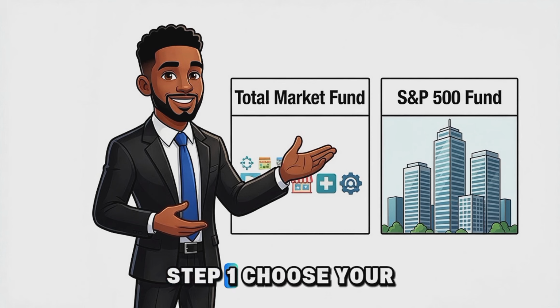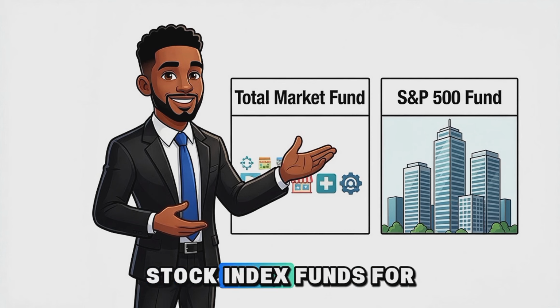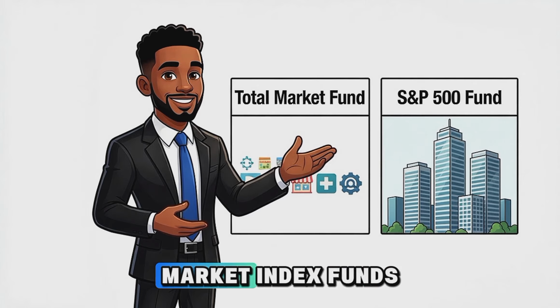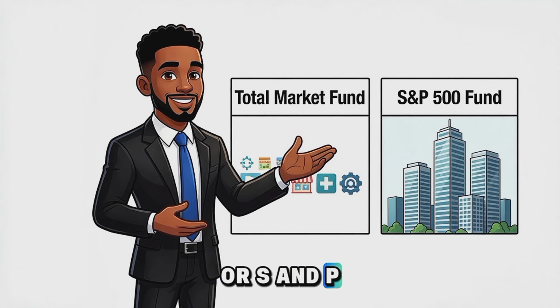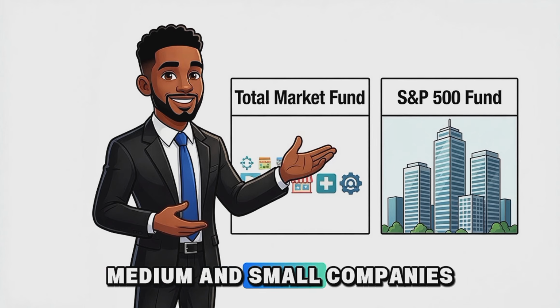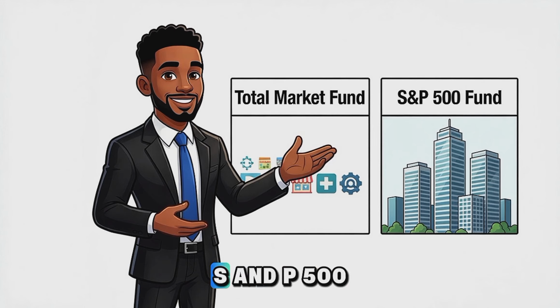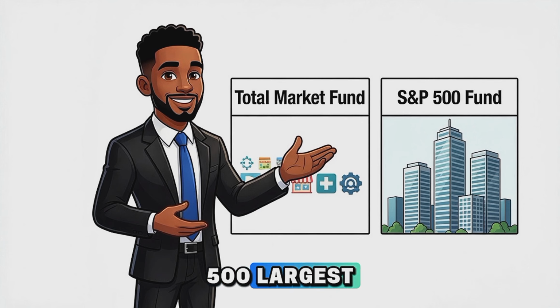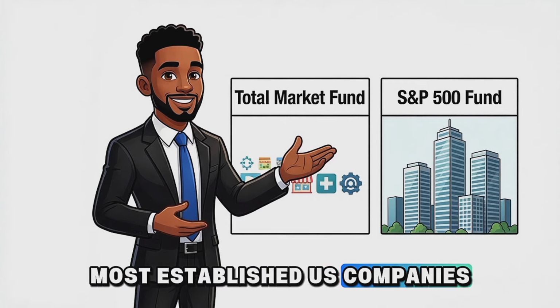Step 1. Choose your stock index funds. For US exposure, beginners often pick total market index funds or S&P 500 index funds. Total market funds cover large, medium, and small companies in the US. S&P 500 funds focus on the 500 largest, most established US companies.